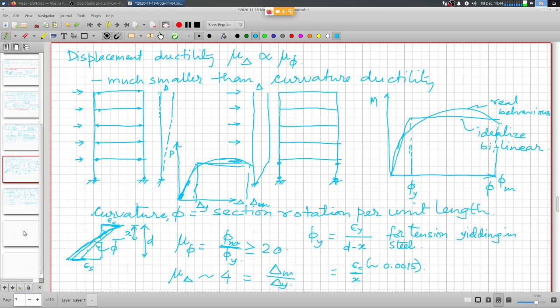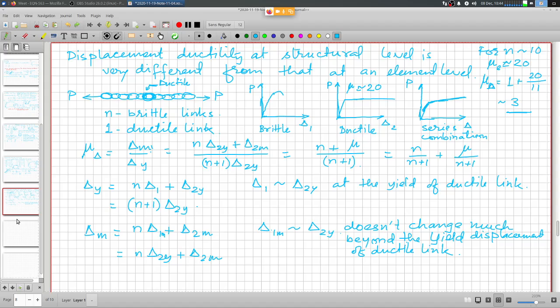So having said that, we come to the question of how do we decide whether the design process that we have developed is adequate for practical purposes? Because all this that we are doing is just some kind of assumption.